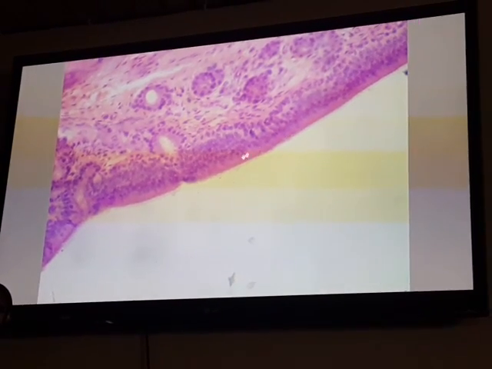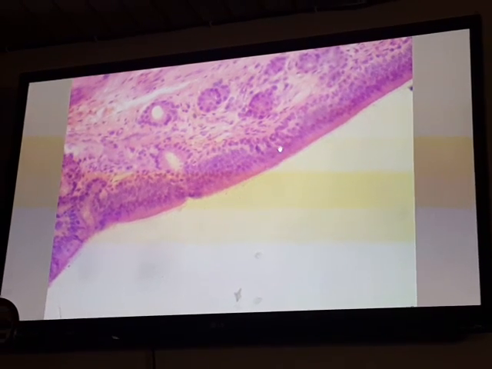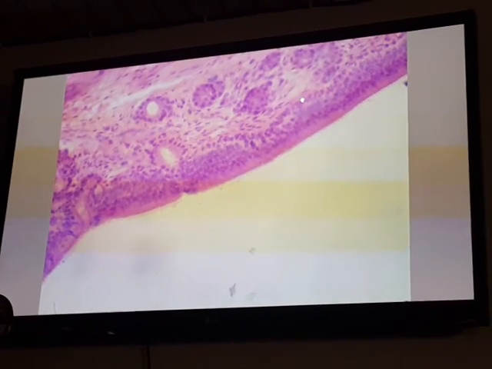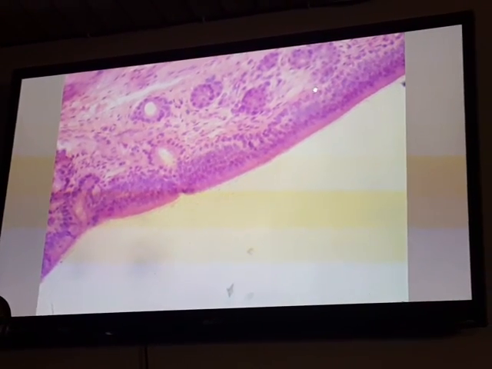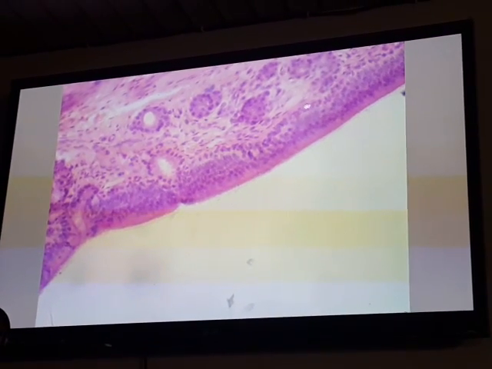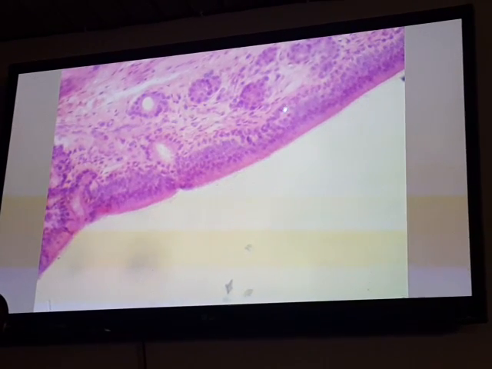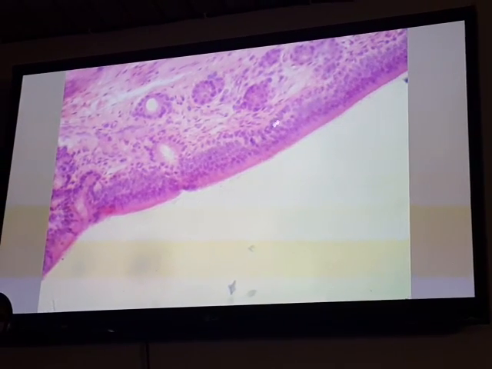This type of epithelium is pseudostratified columnar epithelium with 3 types of cells. Basal cells, these cells are small, spherical or cone-shaped, arranged in a single layer at the base of the epithelium.